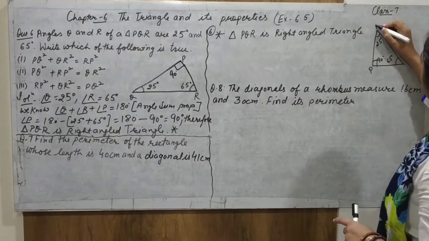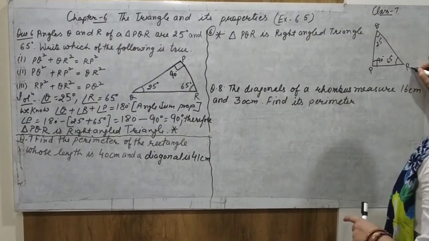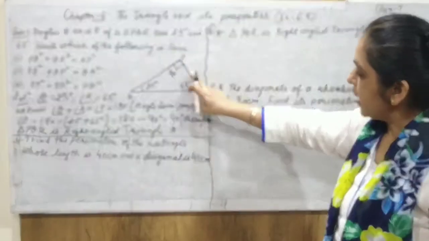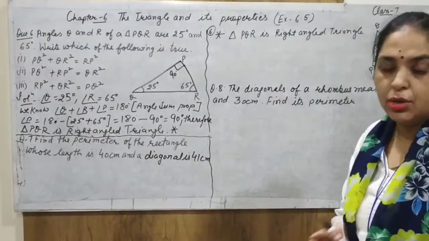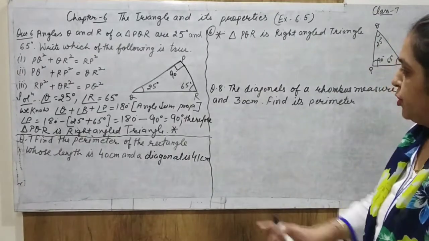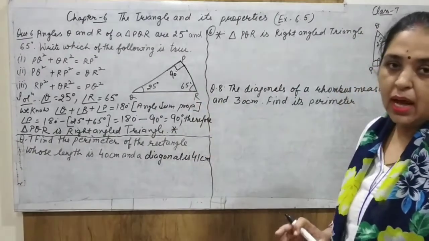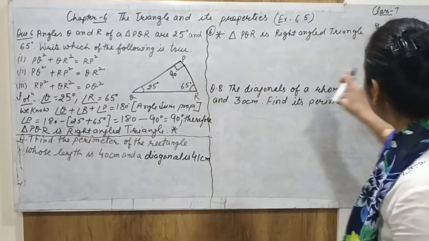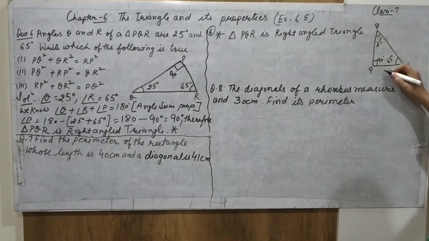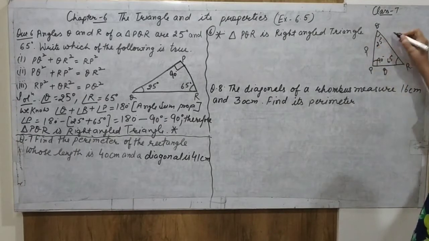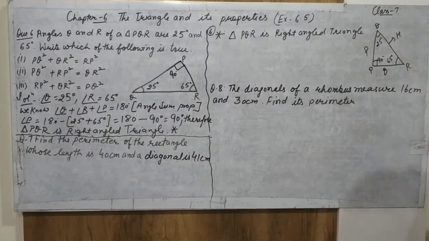Now tell me, now see, either this is the base or this is the base, but these two sides do not act as the hypotenuse. Actually this acts as the hypotenuse, because the 90 degree angle is always made between base and perpendicular. This is base and this is perpendicular, this is hypotenuse.